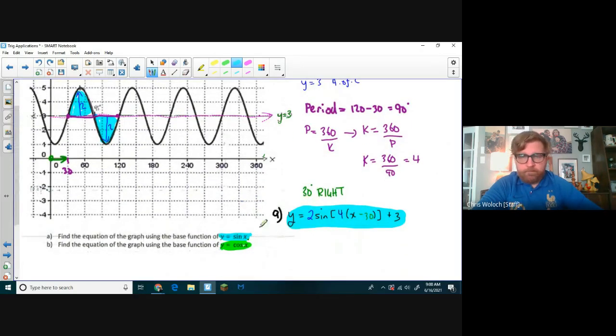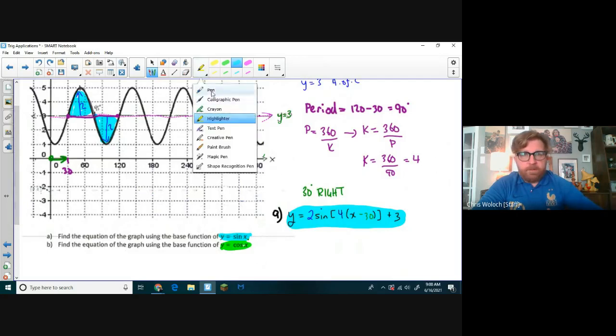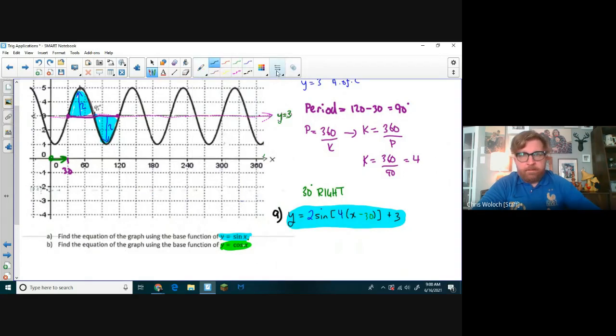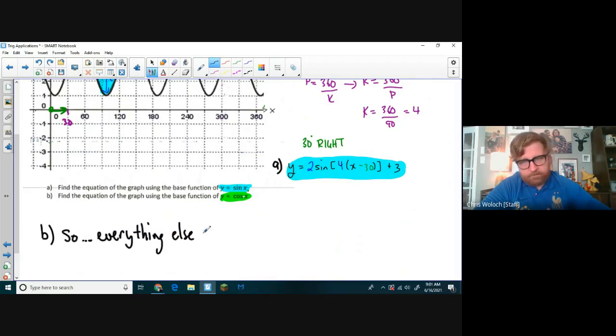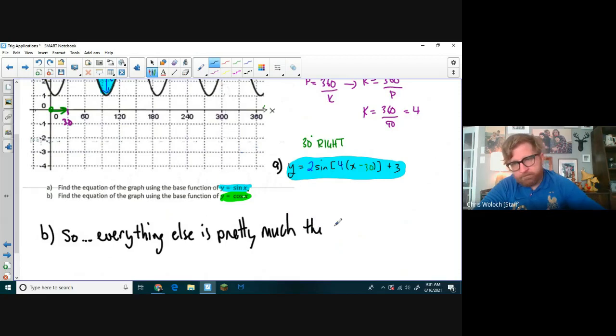So let's figure that out. Okay, so I'll do part B down here. And I'll just write that down. So everything else is pretty much the same, except the phase shift.